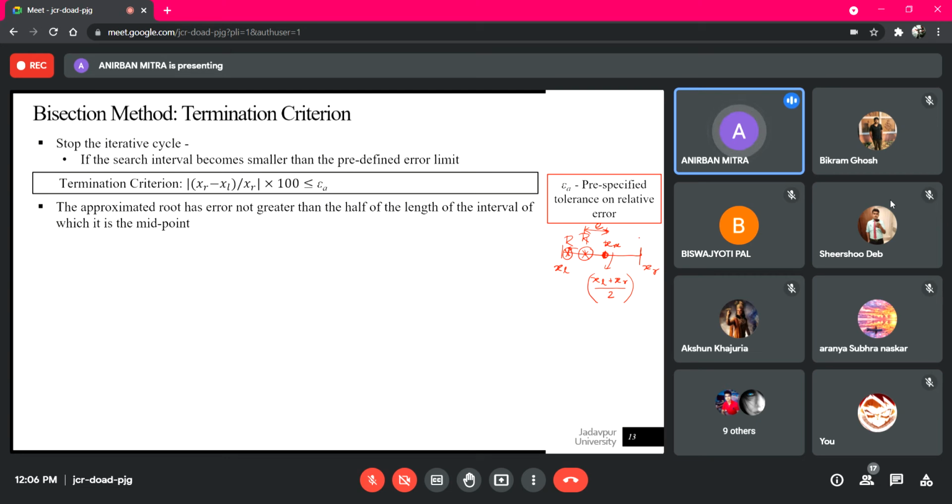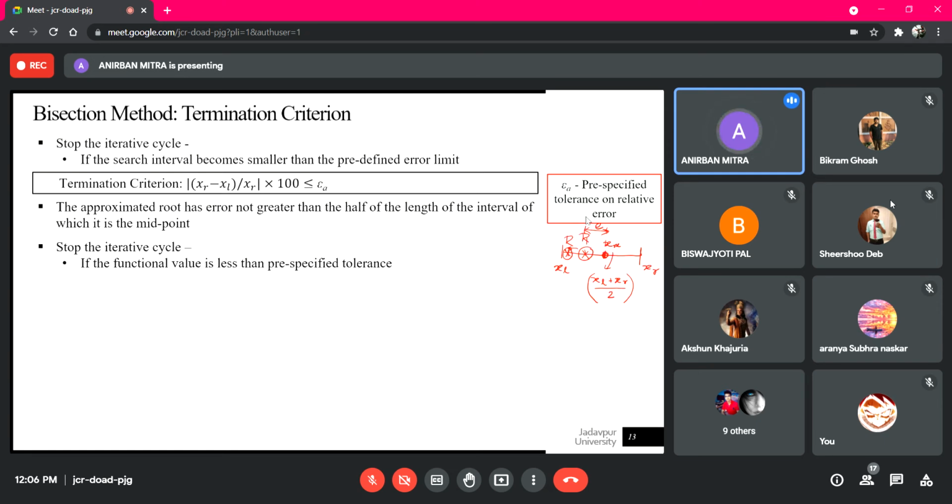Then that is the maximum amount of error that can be obtained. So how much is this E? E is going to be always less than half of the length of the interval, because XM is right at the middle. So the maximum that E can be is probably just a bit less than half of the length of the interval. So that is what is meant by this statement.